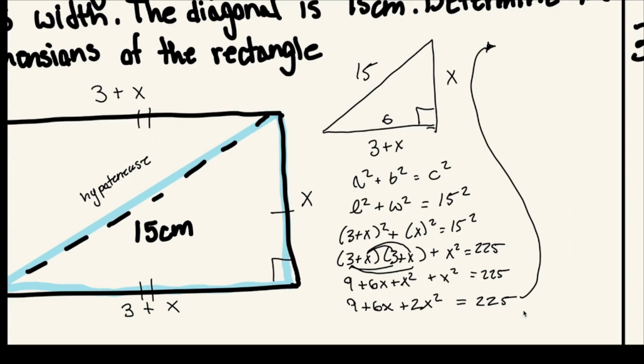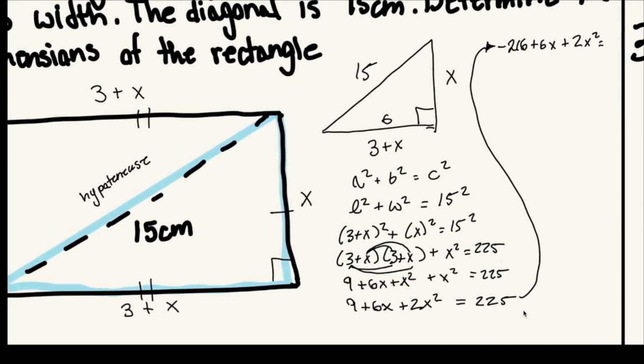So if we bring 225 to the left side, we are left with 9 minus 225. So then we're left with negative 216 plus 6x plus 2x squared equals, and since we got rid of the 225, equals 0, because nothing's on that side.